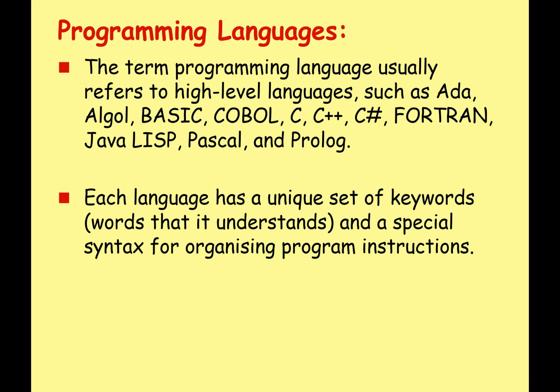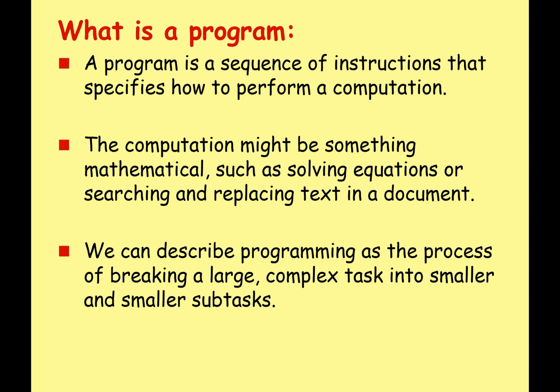Some of the more famous ones might be C, C++, C#. You've got things like Java. You've got things like JavaScript as well. Lots of different types of language. Each language has a unique set of keywords, so words that it can understand, and a special syntax, basically grammar rules, for organizing program instructions.